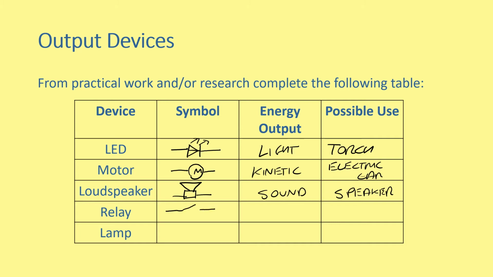We have a switch, then we've got a coil of wire here. Output is kinetic. And relays are often used in big switching circuits for large devices. So a large device could be something like a dishwasher, or potentially something with a very, very large motor. So think of a dryer.